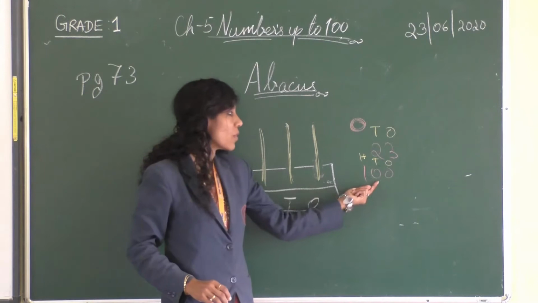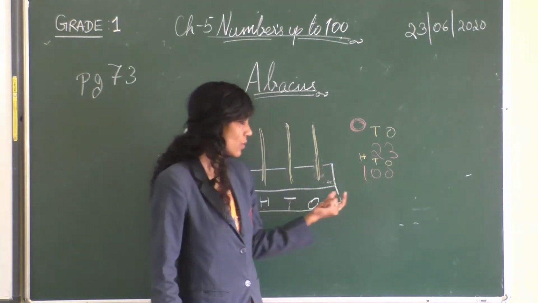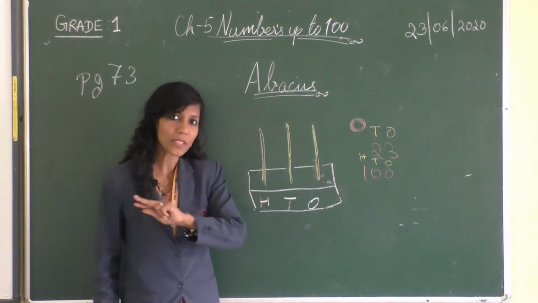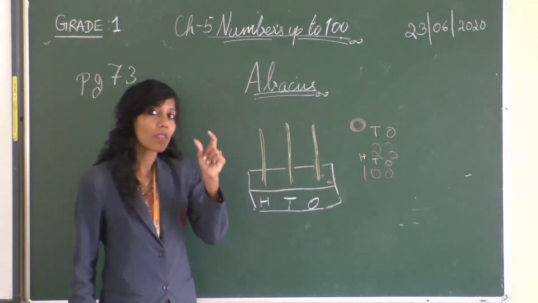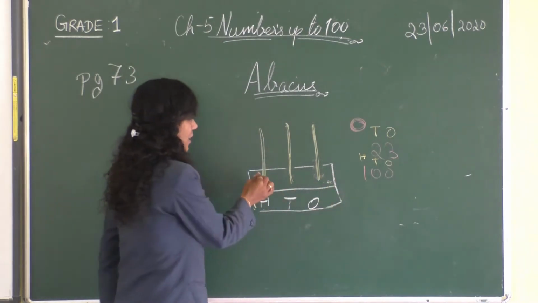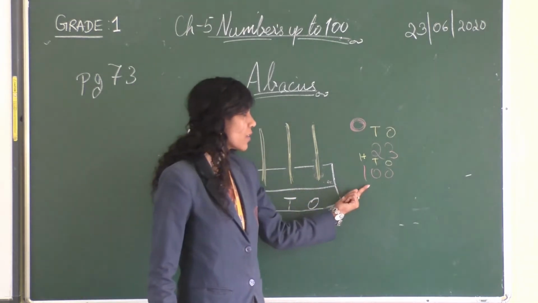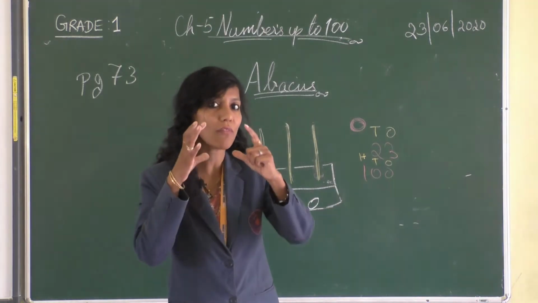Number of single ones is 0, so in the ones position we don't put anything. Number of bundles of tens, again 0, we put nothing. Hundreds position, we have 1.